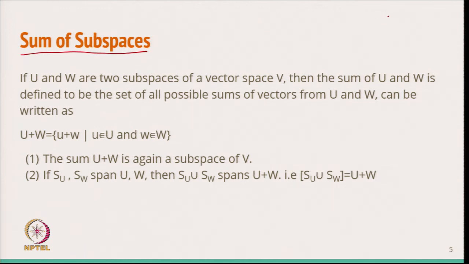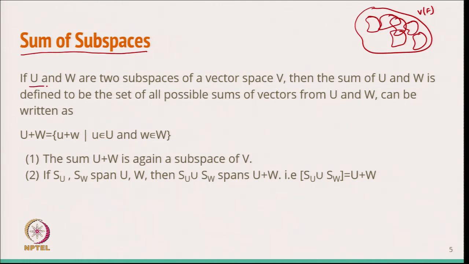Suppose I have a vector space V over F, and in this I have one subspace, another subspace, another subspace, another subspace. So, I can have a large number of subspaces. I want to see what is going to happen if I add two subspaces.